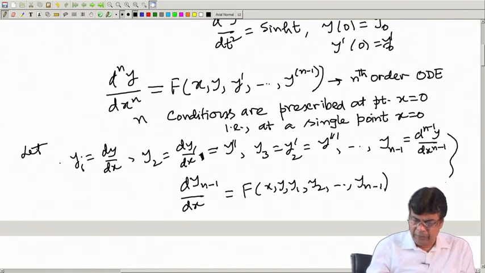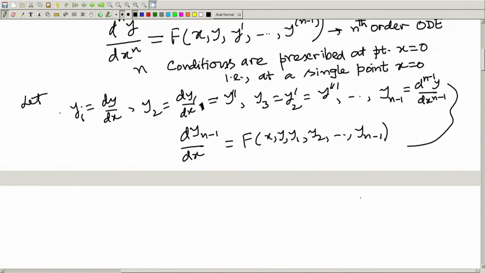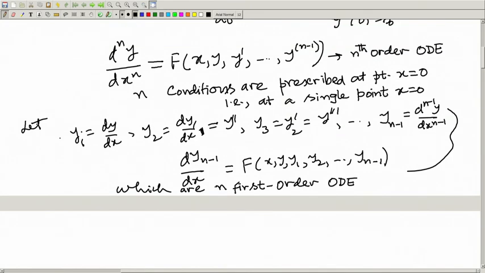So, this constitutes n first order ODEs. In this case, it is an ODE because y depends on a single independent variable, x only.